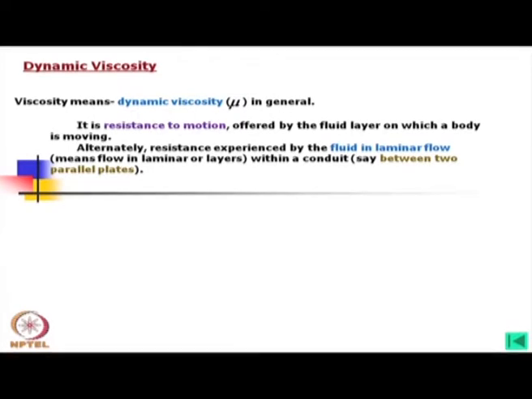Alternately, it is the resistance experienced by the fluid in laminar flow, meaning flow in layers within a conduit, say between two parallel plates. Even if it is moving inside a circular conduit, say a pipe, it may be a flexible hose or a solid pipe like a steel pipe, there will be the role of viscosity, particularly at the contact and also among the layers of the oil.